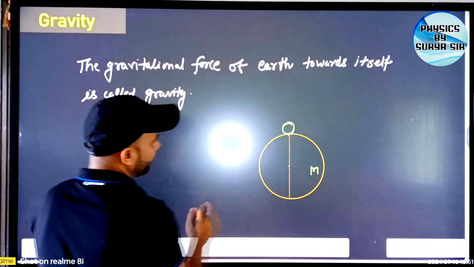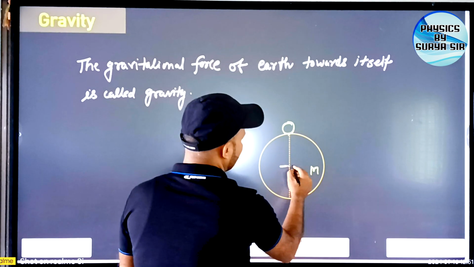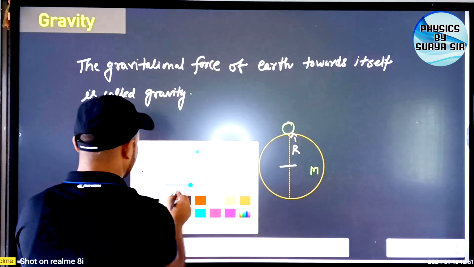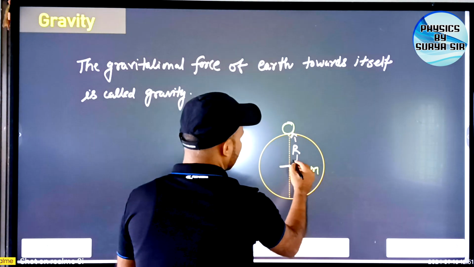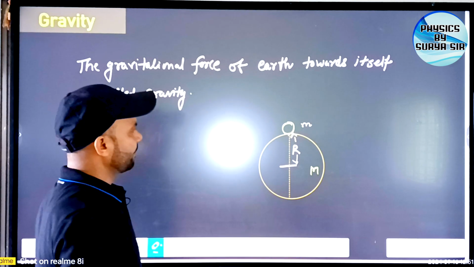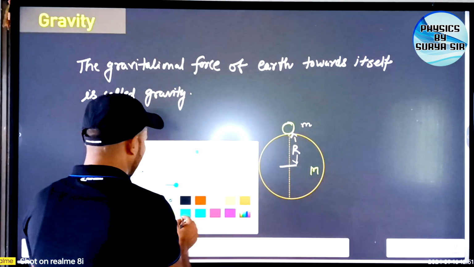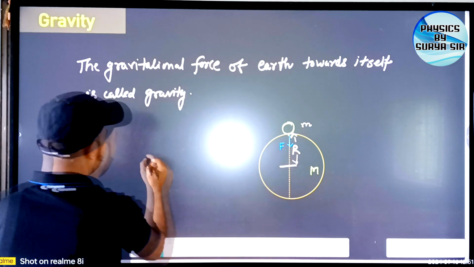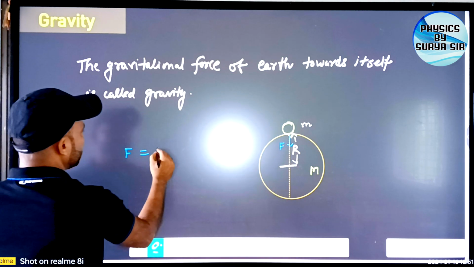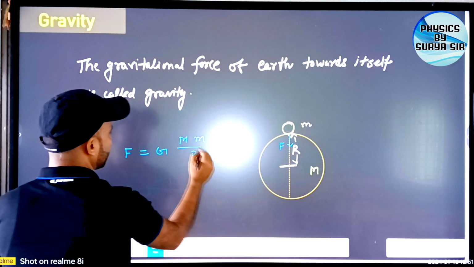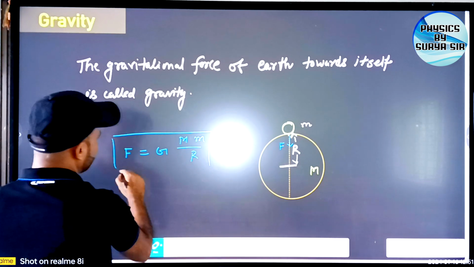Then there will be a gravitational force F on the object, and this F is given by G capital M small m by R square, where G is the universal constant.